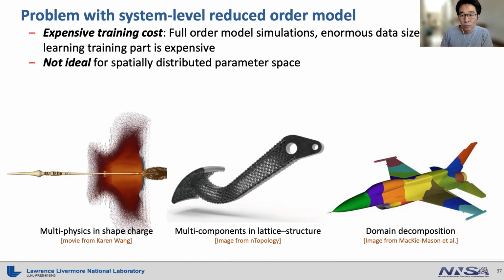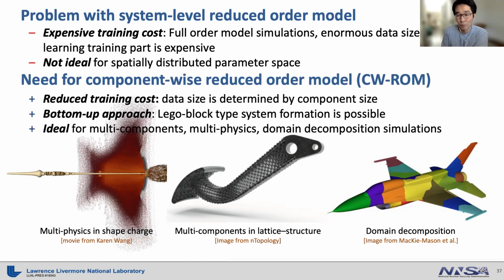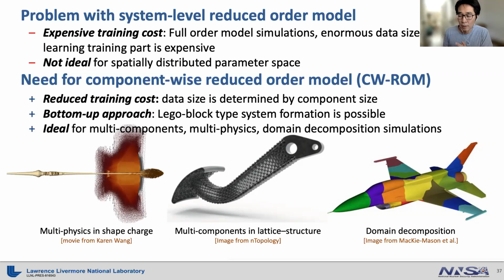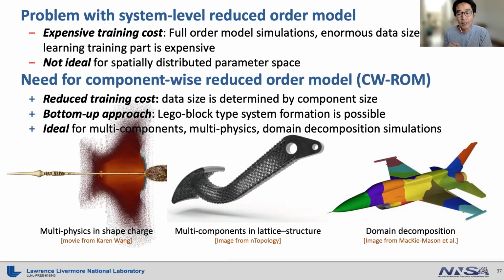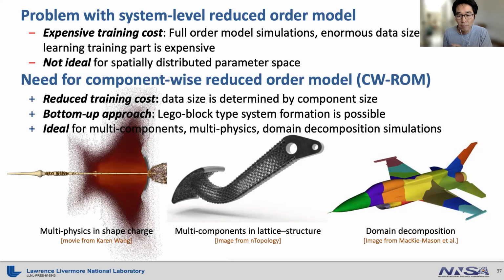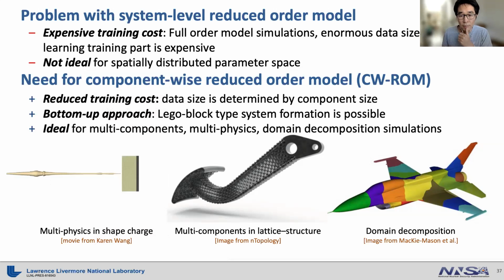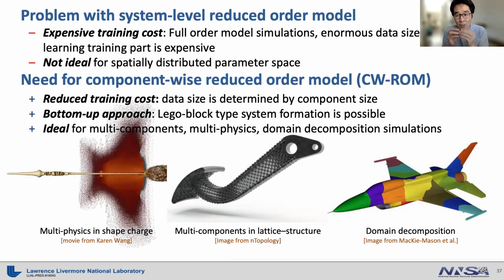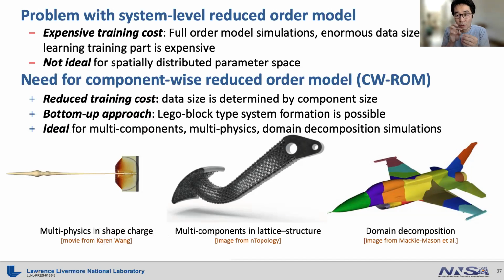Therefore, we looked for an alternative approach and found this component-wise reduced model pioneered by Tony Patera's group at MIT. Here the method deals with a small size of data because they deal with small components, component by component, and do the training component by component and build a component reduced model.